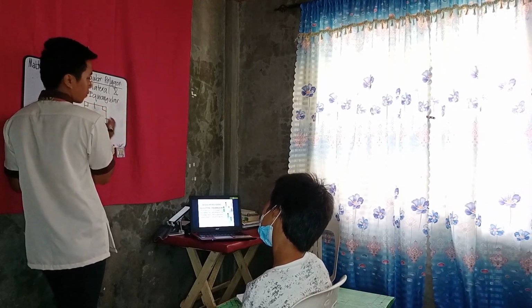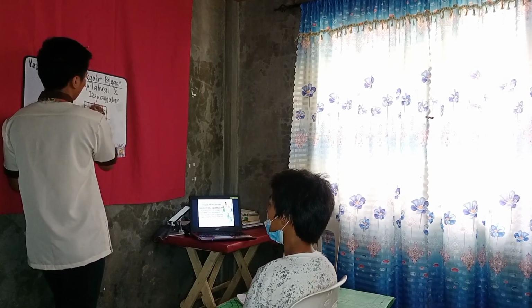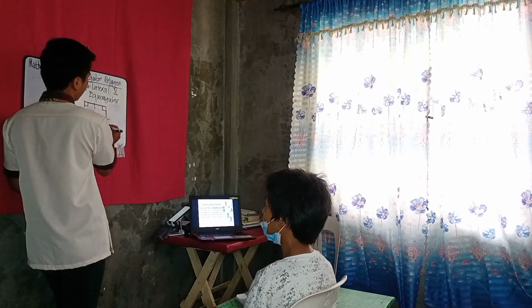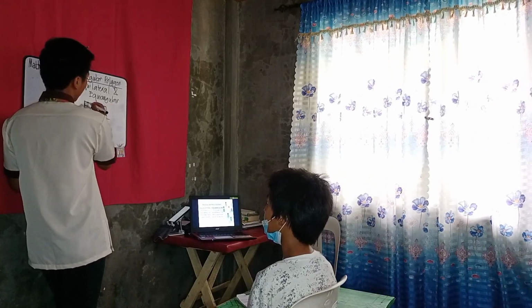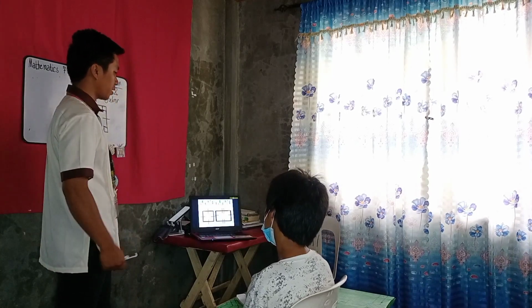Yung polygon natin, equilateral kung pare-pareho ang sides. At equiangular naman kung pare-pareho ang measure ng angles. So, let us go back to our given figure.